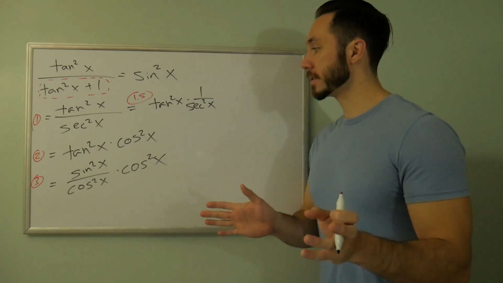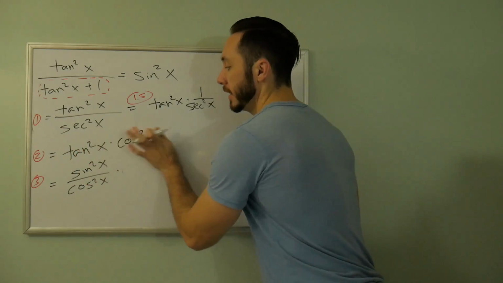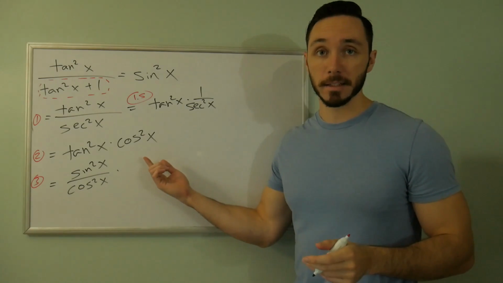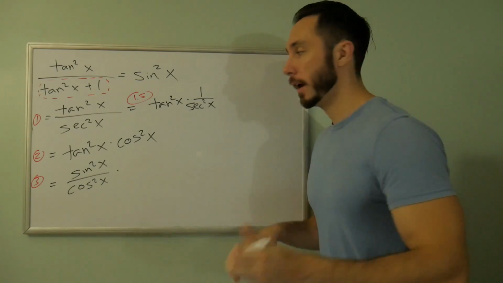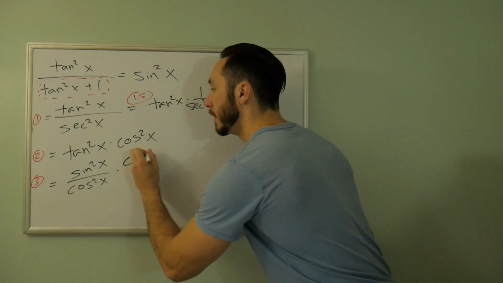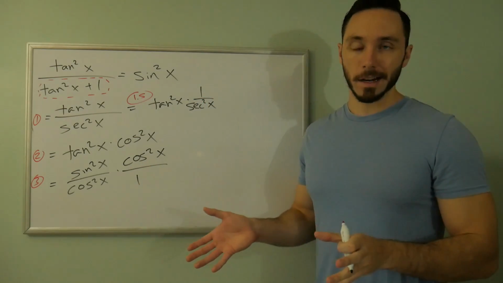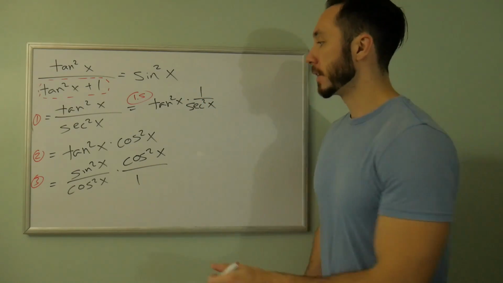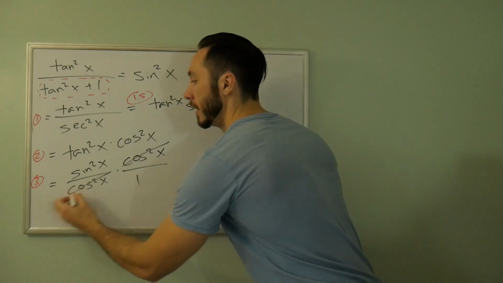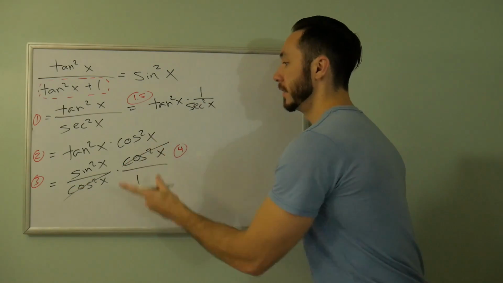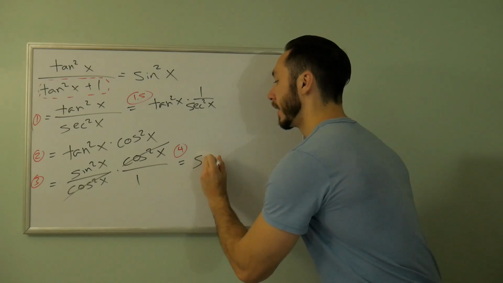Something that a lot of my students like to do is they like to rewrite every trig expression that's just chilling by itself as over 1, and that helps them see opportunities for cancellation. So I'm going to do that just to kind of overemphasize that idea. And now with our final step, I see this move right here.